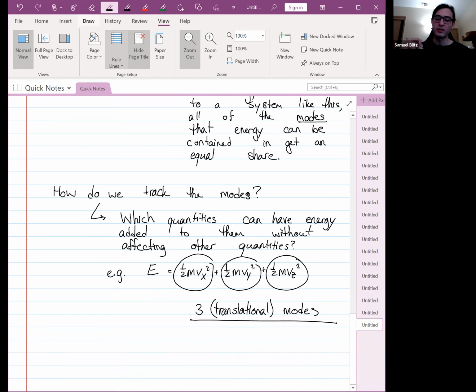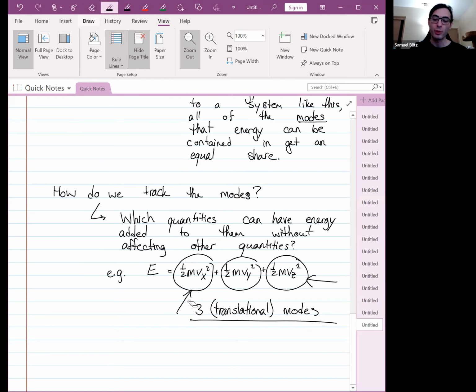And just to reiterate, because this mode business can be very tricky: if I can add energy, even just in an abstract way, is it possible for this thing to change its energy in one way without changing the energies in the other ways? And yes, if you kick it, say in the z direction, its speed in the x and y directions aren't going to change, but you've still added energy.